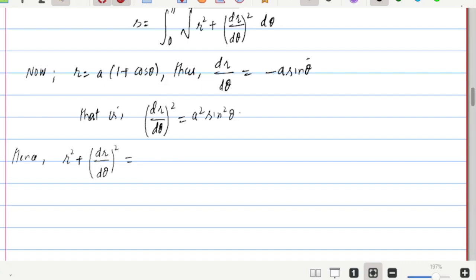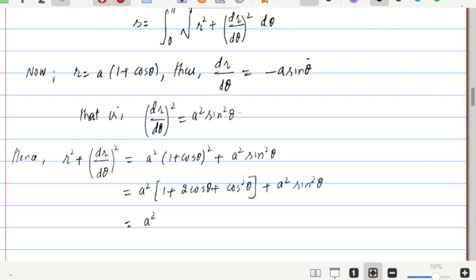Now as we know r is equal to a into 1 plus cos theta, so this becomes a square into 1 plus cos theta whole square, then plus dr by d theta whole square जो हमने ऊपर इवैल्यूएट किया, this is equal to a square sin square theta. Now अब इसका स्क्वायर हम एक्सपेंड करेंगे, this is equal to 1 plus 2 cos theta plus cos square theta.